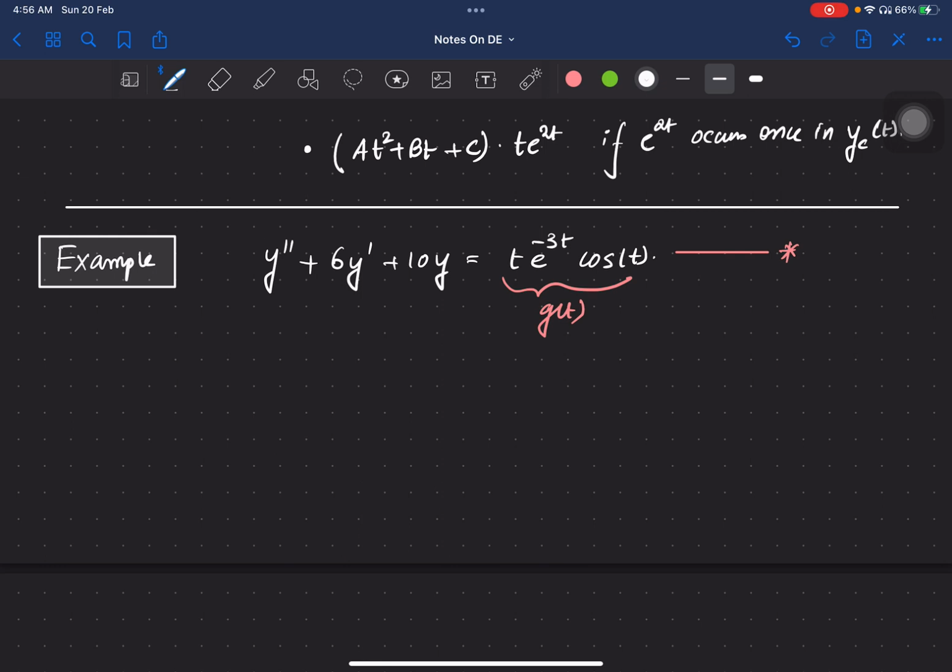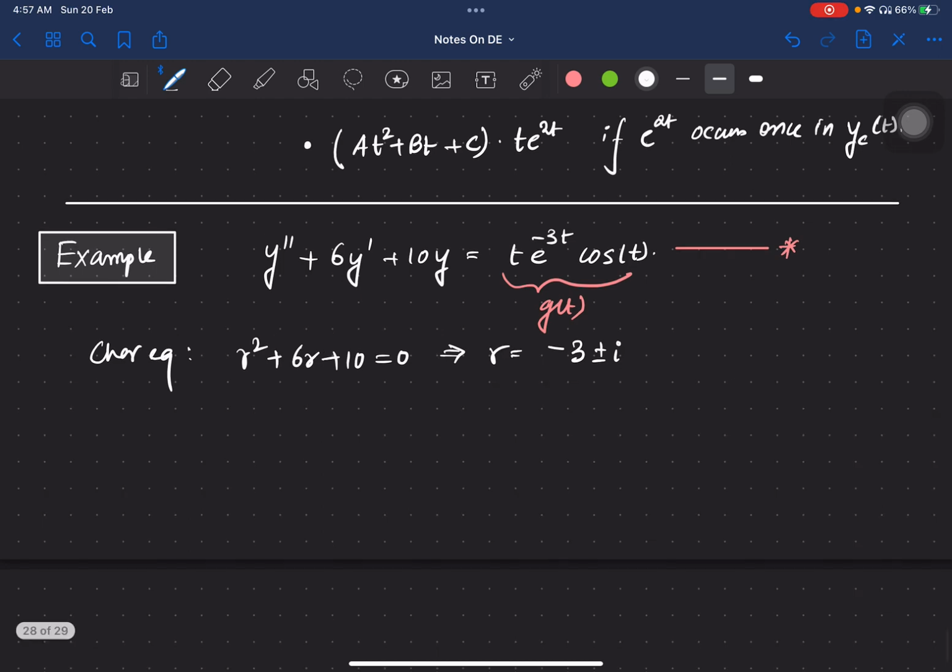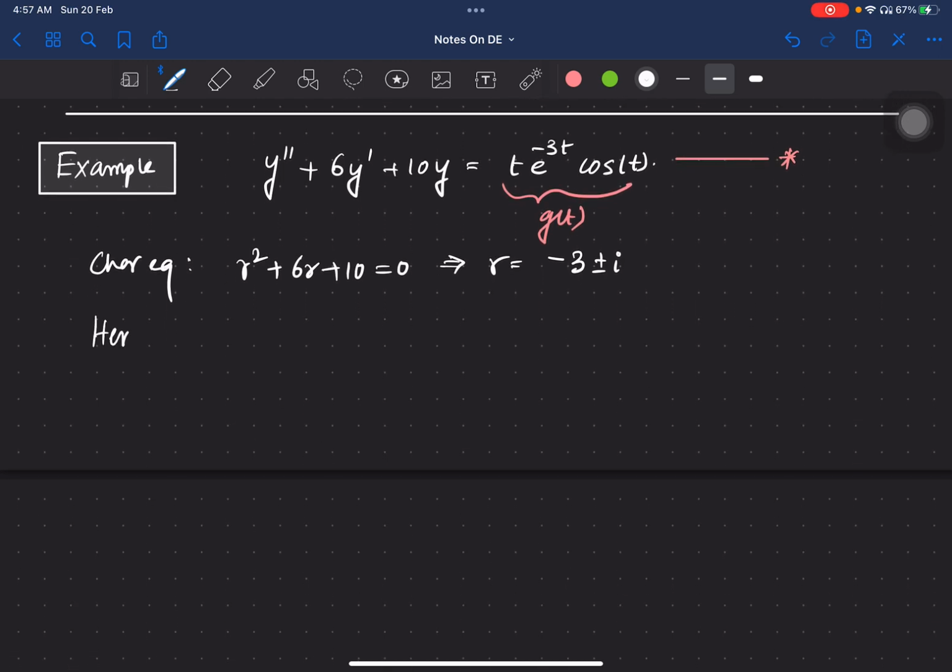Okay. So let us find the characteristic equation for the homogeneous part: r square plus 6r plus 10 equal to 0. So r equal to, I think it will be complex, minus 3 plus minus i. Hence y c t equal to c1 e power minus 3t cos t plus c2 e power minus 3t sin t.